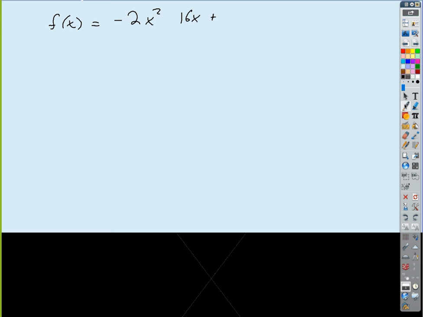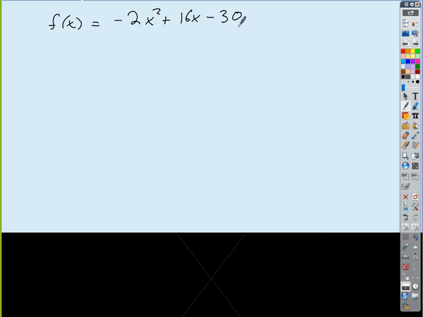Oh, no, that was right. I want to go with the minus there. Okay, let's put that into factored form.